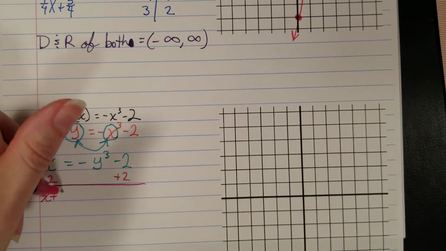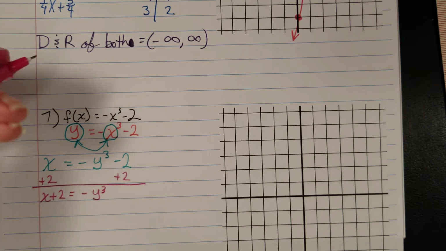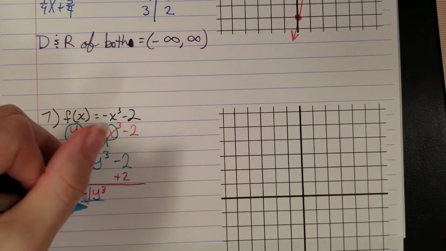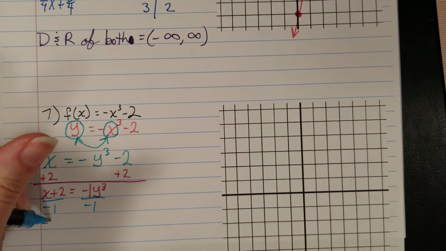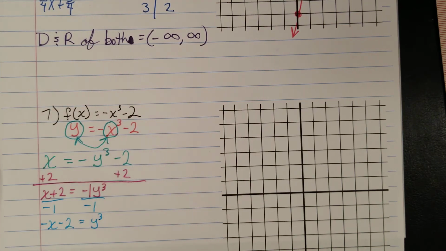So x plus 2 equals -y³. That's like a -1 there, so I would divide both sides by -1. That makes -x minus 2 equal to y³.